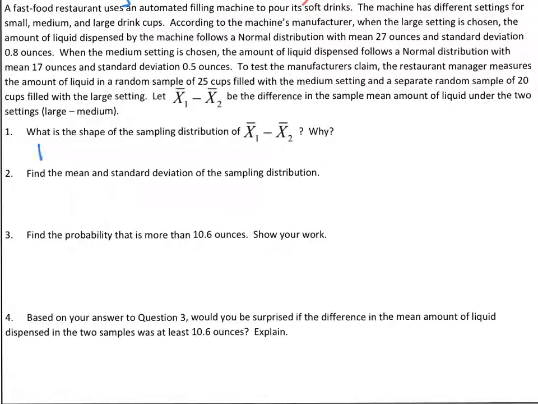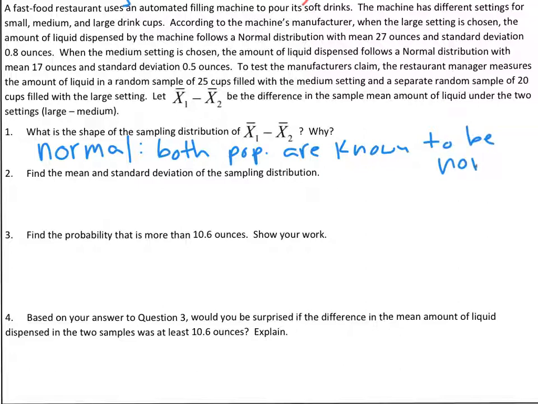As far as the shape goes, as you would expect, normal, except now you have a sample of 20 and a sample of 25, but the reasoning is the same. Both populations are known to be normal. And that's all we need.